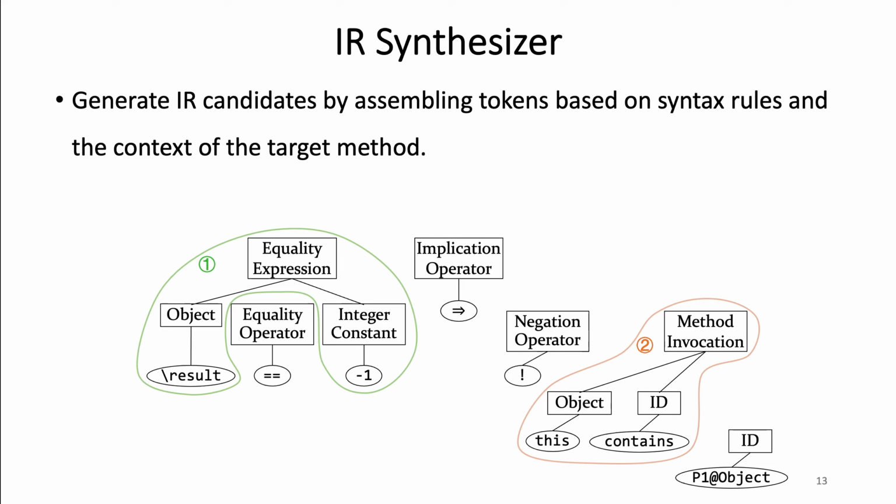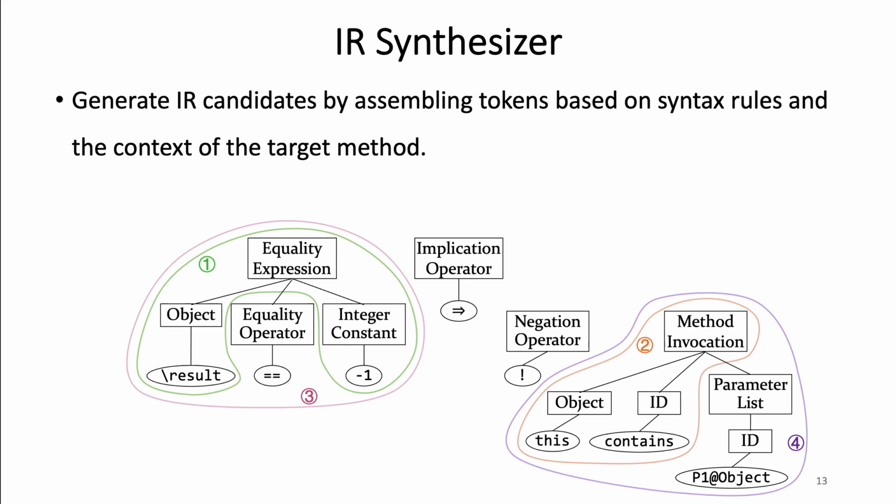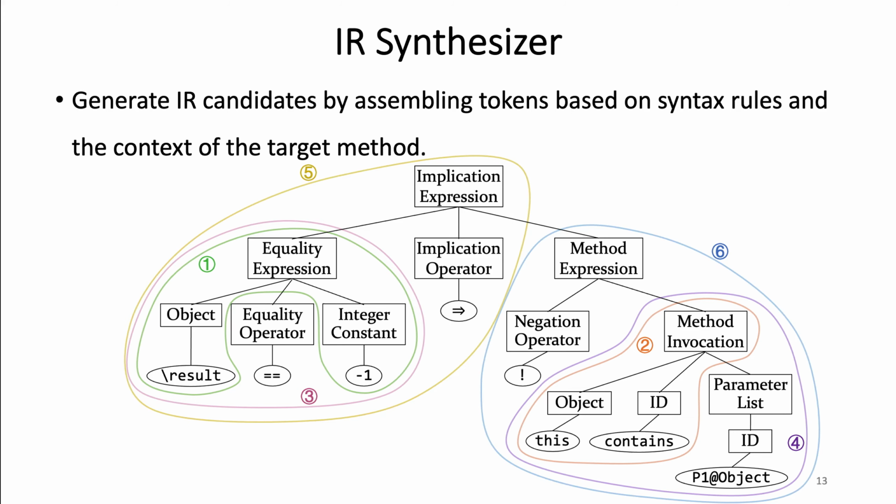Then in the second iteration, the ASTs 3 and 4 are constructed. After that, the third iteration will produce AST 5 and 6. Finally, the whole tree is created in the fourth iteration. After the whole process, we have created 4 complete logical specification candidates, namely 3, 4, 6, and the whole tree.